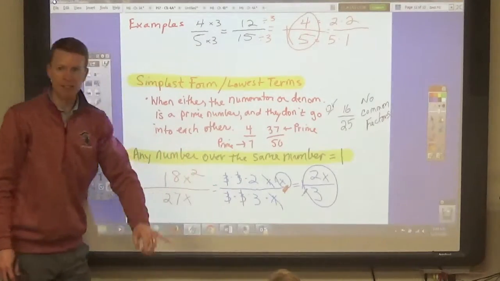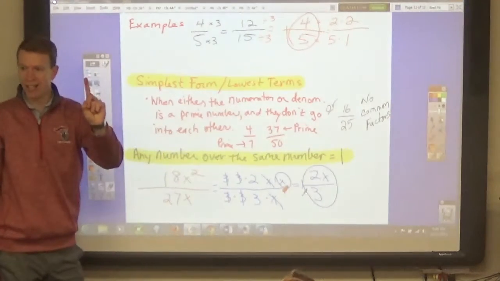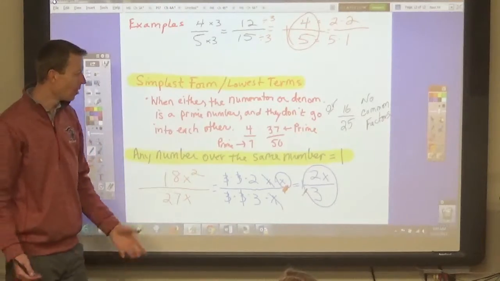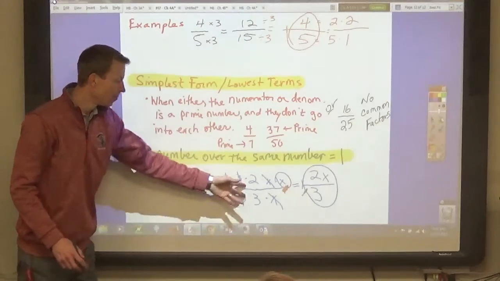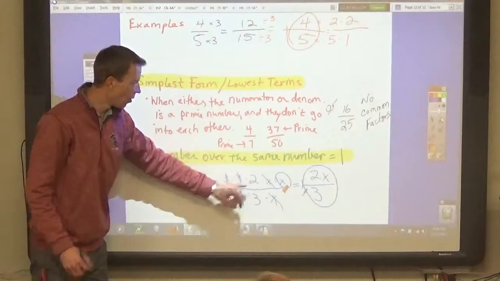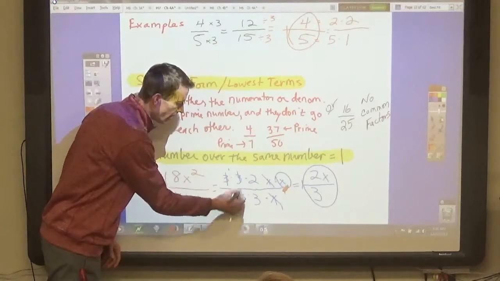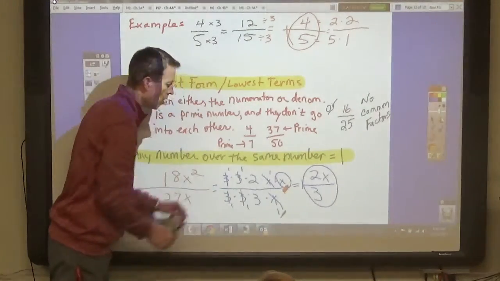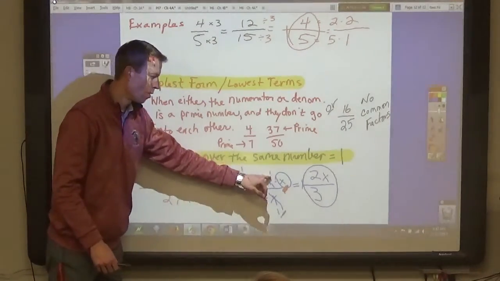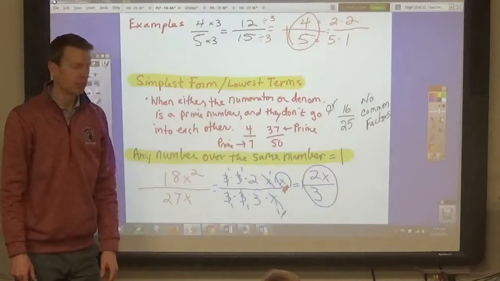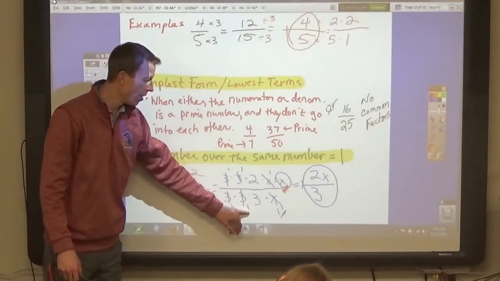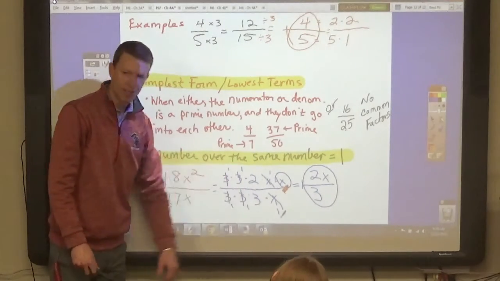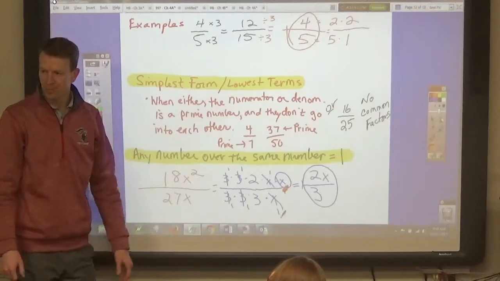X divided by x is 1. And so we're just basically taking those factors out, or reducing them to 1, and then multiplying this whole thing. 1 times 1 times 2 times 1 times x is 2x. And 1 times 1 times 3 times 1 is 3.